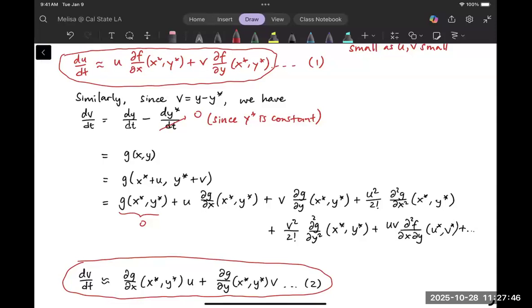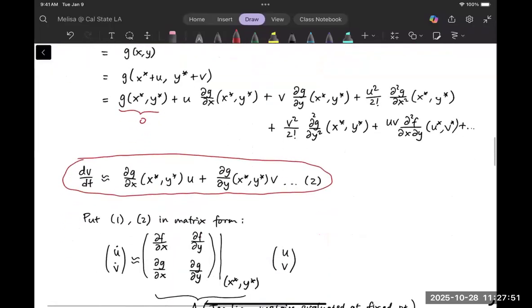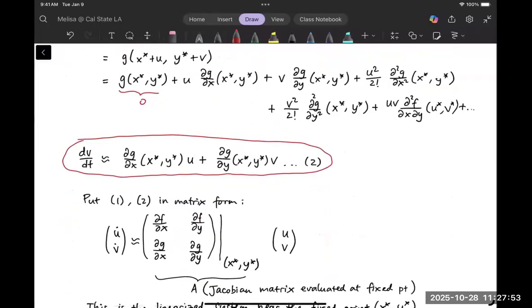So if you put them in matrix form, with du dt and dphi dt as a vector of the first derivatives on the left-hand side, then on the right-hand side you have the matrix of partial derivatives evaluated at x star, y star, multiplied with the vector u phi, just like in the linear system.